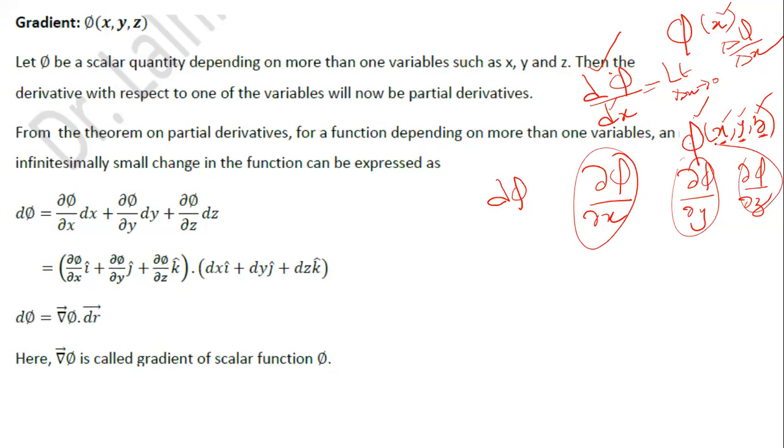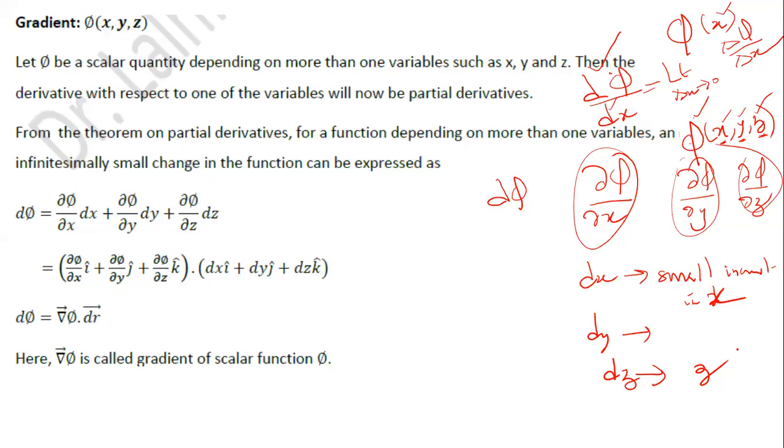So, and here, what is dx? Dx, as we already talked about, is a small increment in x. And similarly, dy is a small increment in y, and dz is a small increment in z.